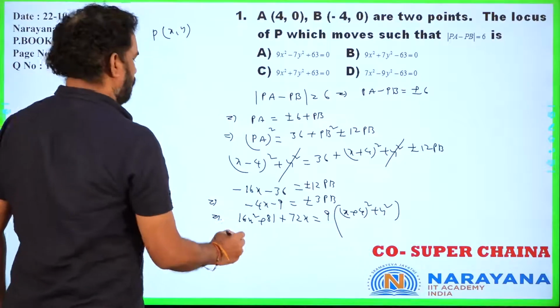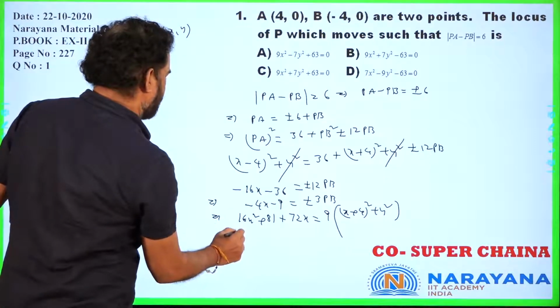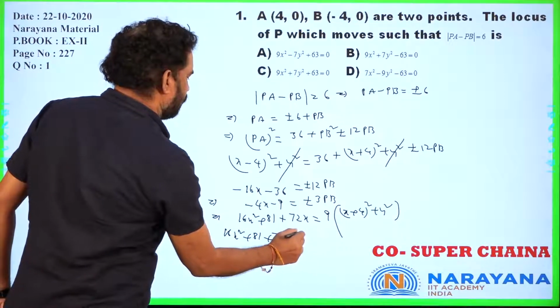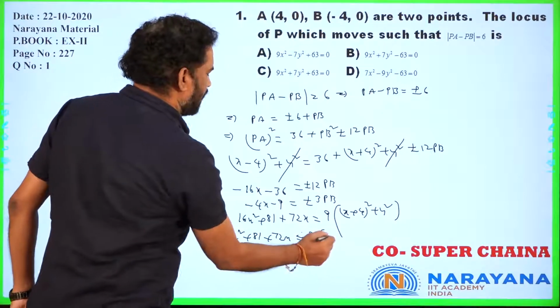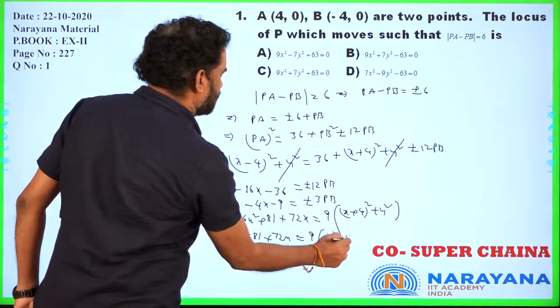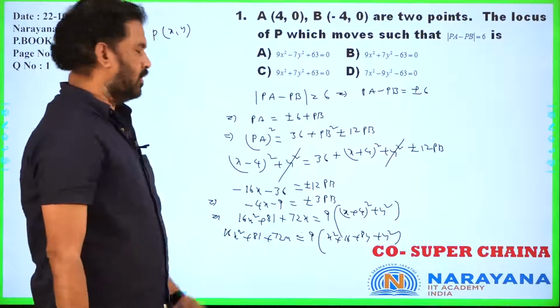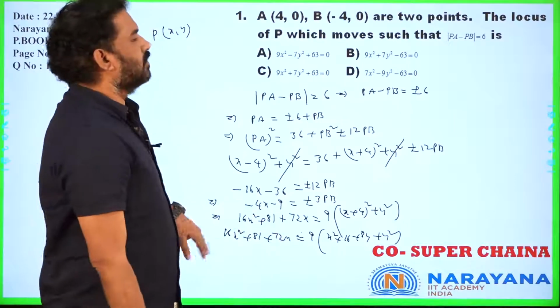So then we can write 16x square plus 81 plus 72x is equal to 9 into, expand this, x square plus 16 plus 8x plus y square. Okay. So by simplifying this, you will get the answer.